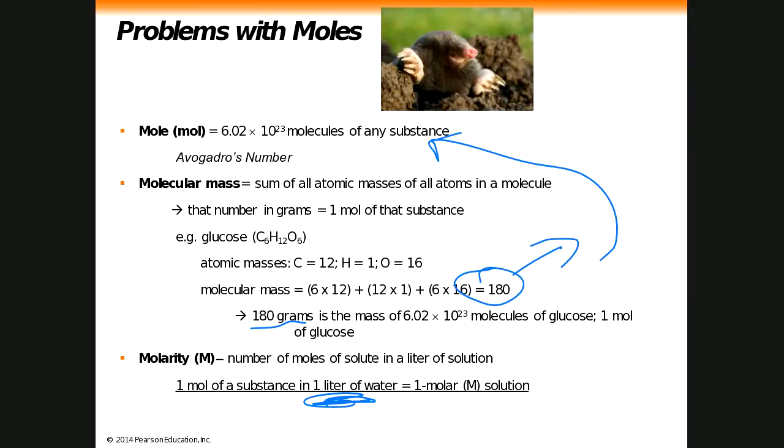Think about measurements in general: they are just things we define. We say a pound weighs this, a kilogram weighs this. We're saying in the lab, us scientists, if you put a mole of something, 180 grams, into a liter of water, you have a 1 molar solution. So it's just a definition of a unit, like telling somebody how long a yard is.